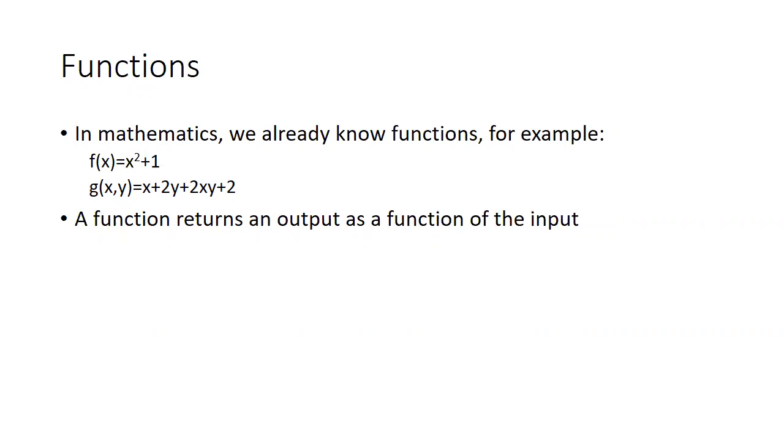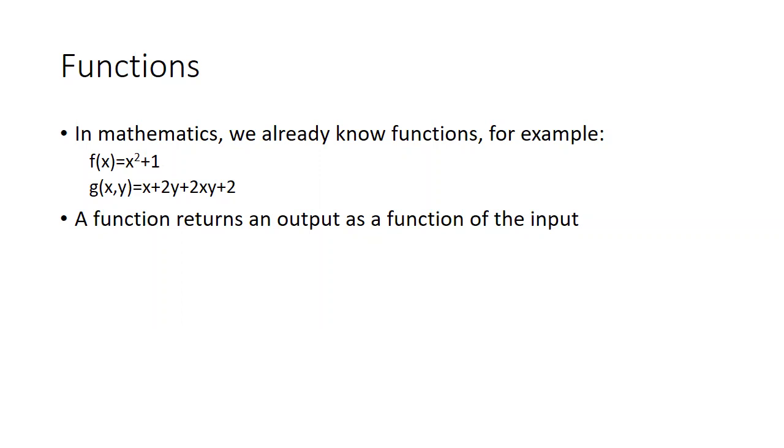But the important thing that we notice is that a single variable sometimes, and sometimes multiple variables, are input into the function, and then what comes out is a single value. Multiple values go in, or single values go in, or maybe no value, but what comes out is a single value.